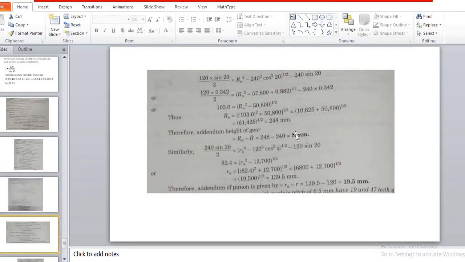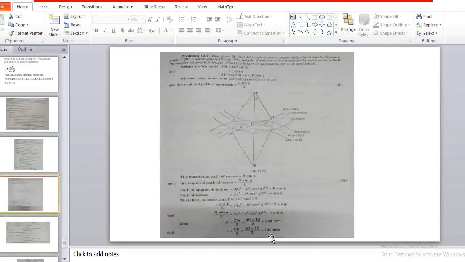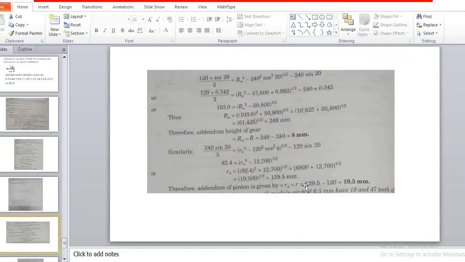So R minus R is equal to 8 mm, the addendum height for that gear. Similarly, the addendum height for the pinion is equal to small r minus R value: the small r value calculated is 139.5 minus the small r value calculated here as 120. So the addendum for the pinion is 19.5 mm.